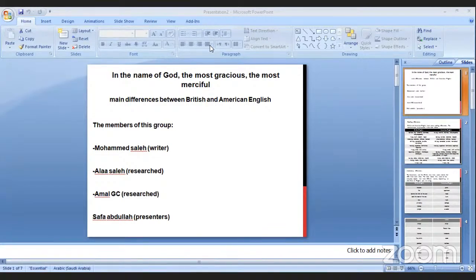Okay, Amal, does anyone else in this group want to be presenter with Amal? Yes, Dr., all of us. Okay, Safa Abdullah, Muhammad and Ala. Right, so now all of you are going to present this project. The whole group is going to introduce the whole project one by one.